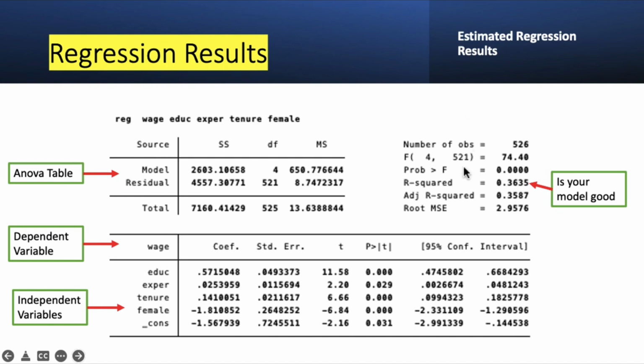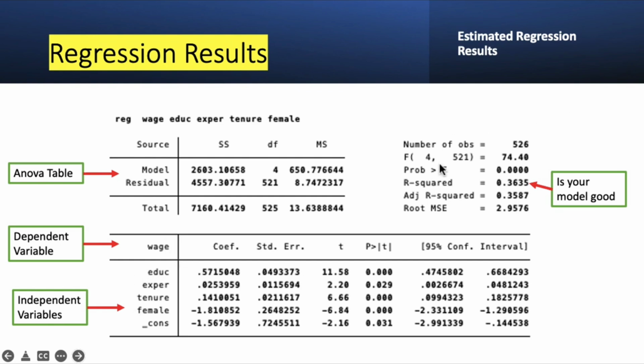And then on the right hand side you have another box. This box over here tells you whether your model is good or not. So at the moment our model is basically wages being explained by education, experience, tenure, and gender.